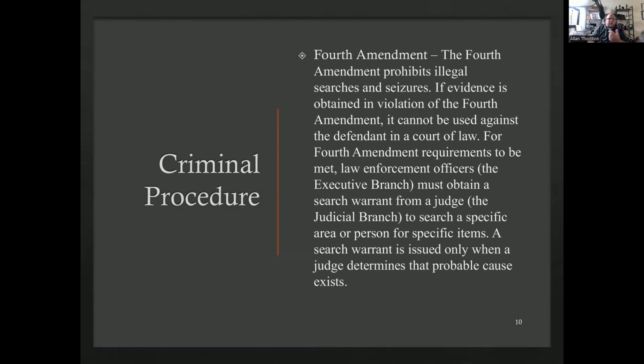An affidavit is a sworn statement by law enforcement that they believe that a person or area needs to be searched, and they need to search for certain things to build a criminal case against this person or business.